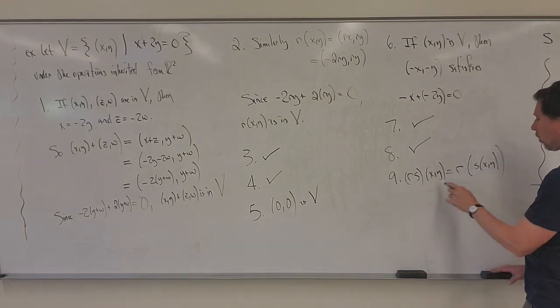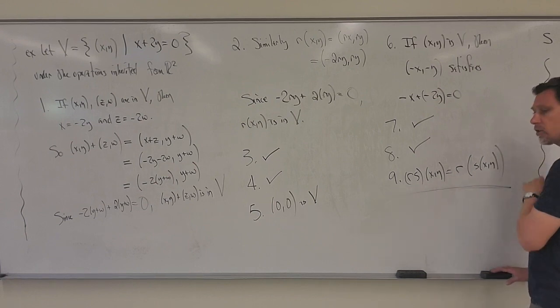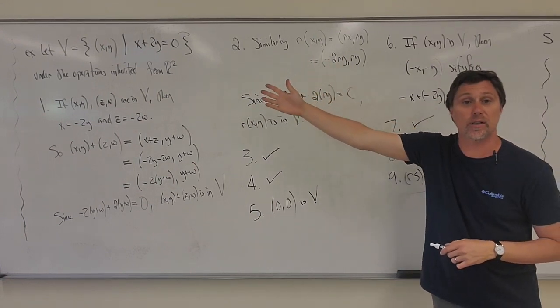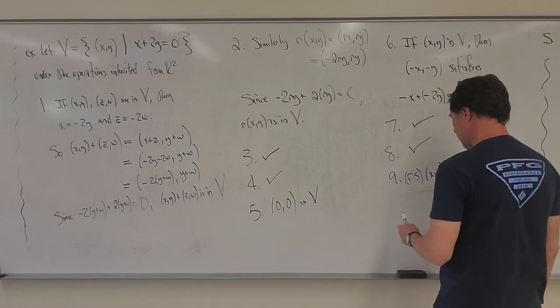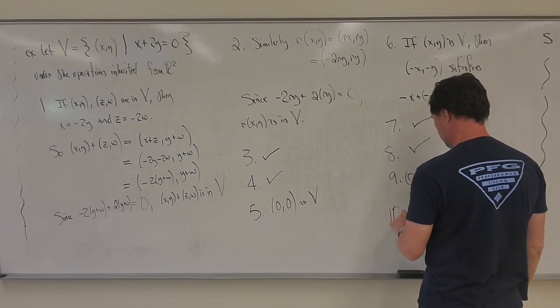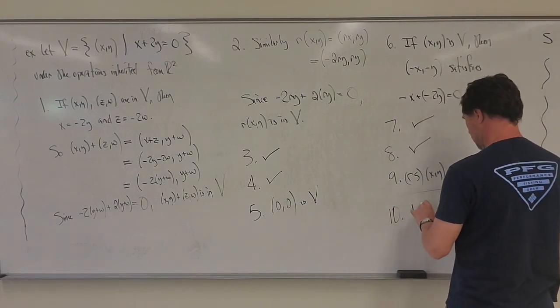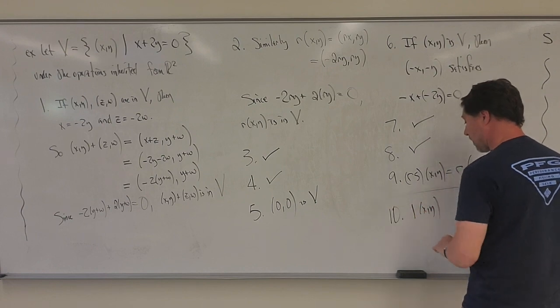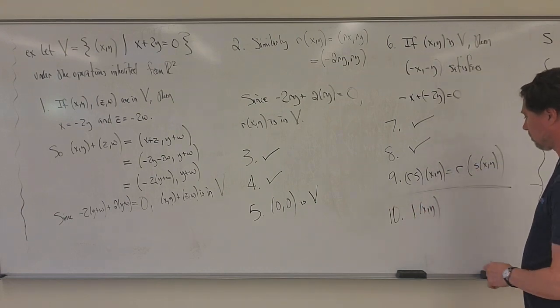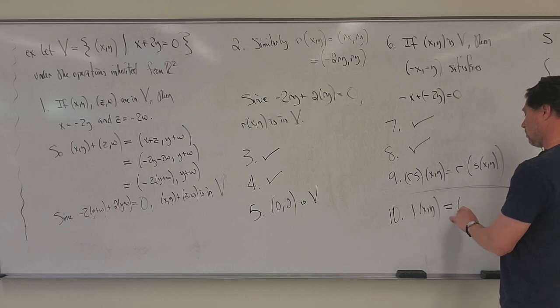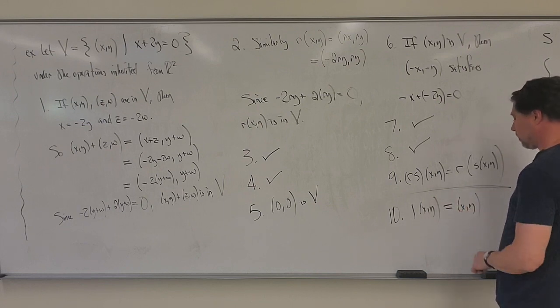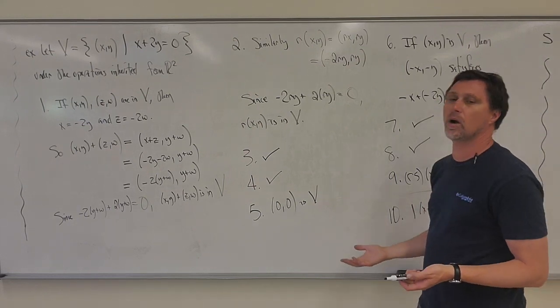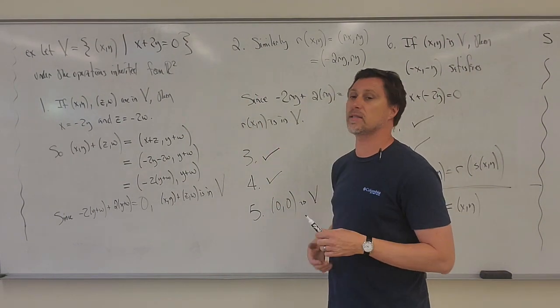Why is that? Well, this equation holds in all of R2, so of course it holds in our restricted setting also. And then for the last property, 1 times (x, y) is equal to (x, y). Well, that holds in all of R2, so of course it holds in our restricted setting also.